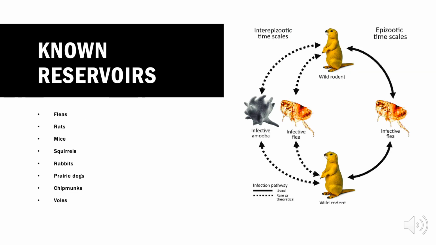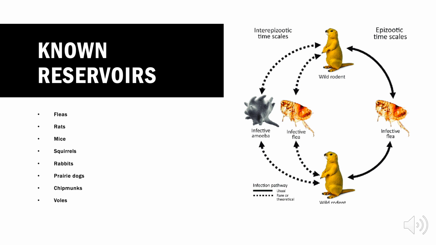So finally, the known reservoirs. As you can see on the right, you can see the infection pathway and how it works from the flea to the rodent. So the known reservoirs are the fleas, rats, mice, squirrels, rabbits, chipmunks, really any small mammals that can be bit by a flea.